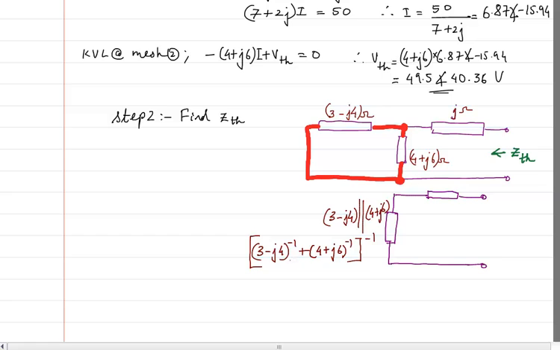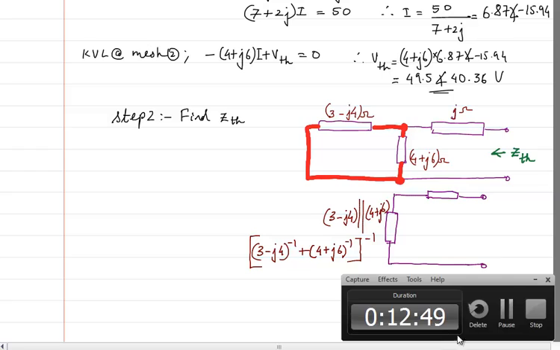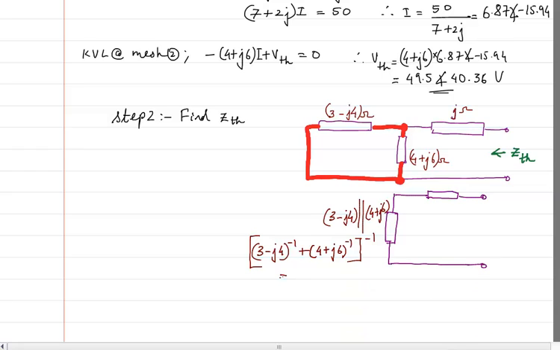Okay, so if I calculate this in the calculator, I will get the answer as 4.95 with an angle of minus 12.765, or I can omit the 5, no problem. Okay, and that is in series with J ohms.